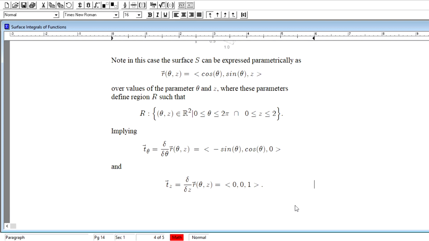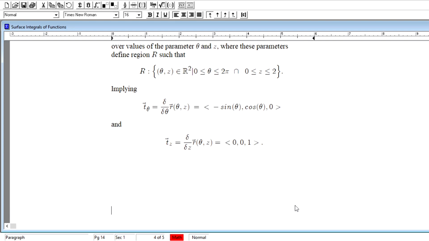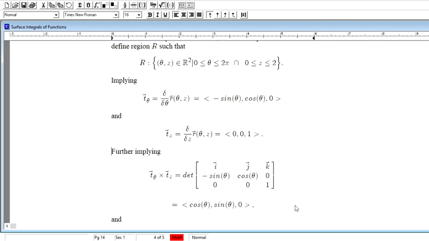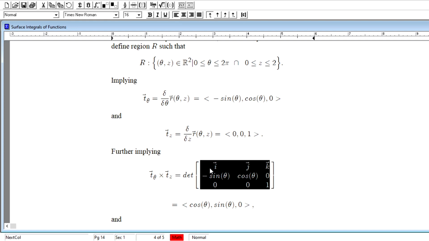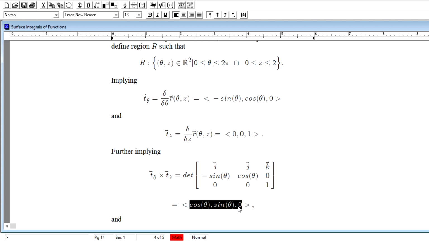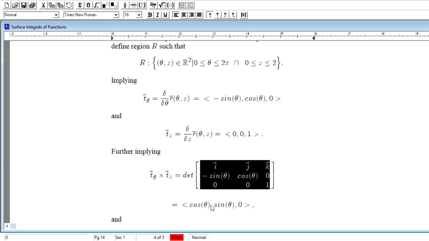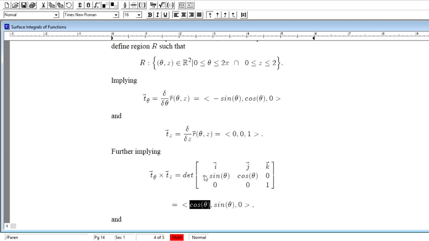Where if I arrange those into a cross product operation, we will see that the cross product will result in cosine theta, sine theta, 0. Cosine theta times 1 minus 0 times 0 is the cosine of theta.